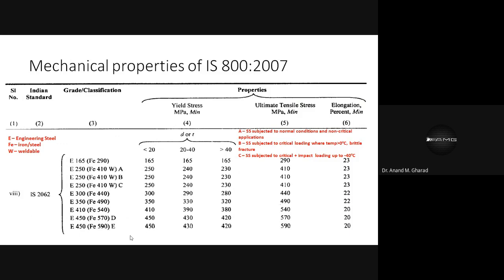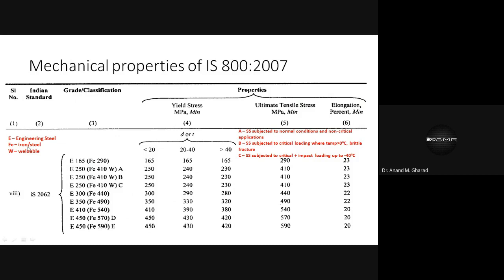Then, based on the preparation or production of steel, let us try to understand the different grades of steel. तो यहाँ पे देखो क्या दिया है, कैपिटल E 165 ब्रैकेट में FE 290. What do these terms stand for? E stands for engineering steel.